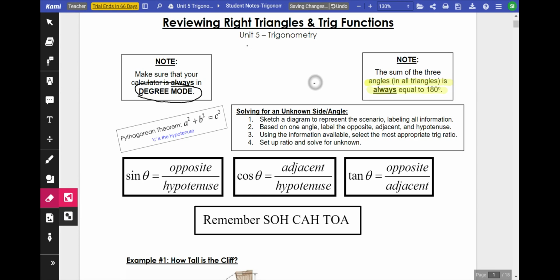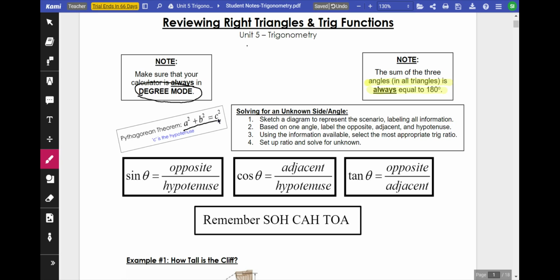And move on to the next piece, which is the Pythagorean theorem. So remember, a squared plus b squared equals c squared.